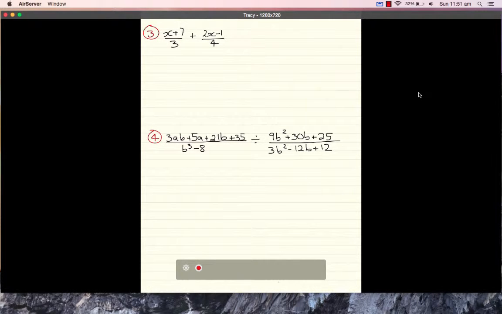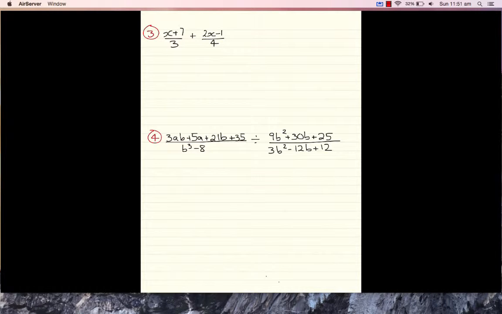So looking at the next one, if we are asked to simplify and we've got two algebraic fractions and we need to combine them, I am hoping and praying that at this point in time you are not going to tell me that the denominator of my new fraction is going to be 7. Okay? We need to come up with the lowest common multiple, and generally the simplest way to do that is to cross multiply 4 times x plus 7 and 3 times 2x minus 1.